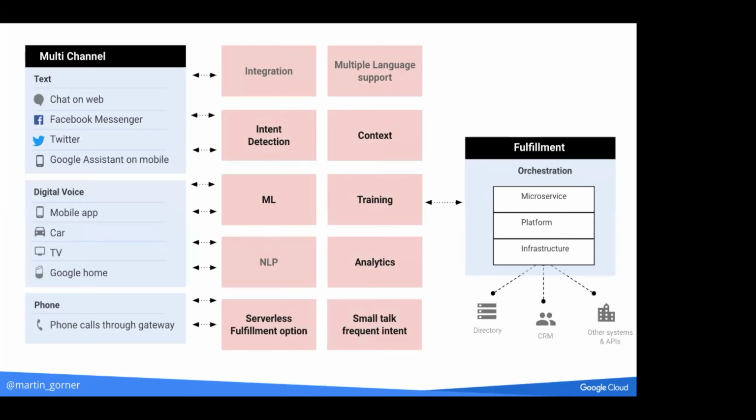There is a lot of integration on the front end for understanding the intents and the context, but there are also back-end fulfillment pieces. Once you understand the intent, you have to go to the database or some other API and application and actually book the flight.